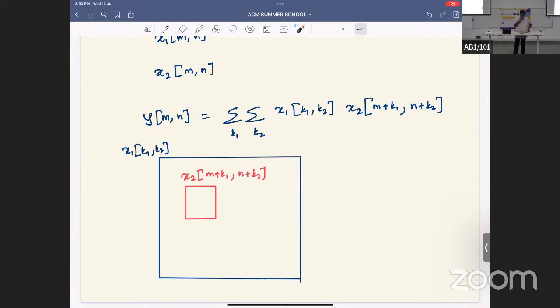In this example, you tell me how many inner products you will do. The number of inner products you do with this filter: the second matrix, we call it a filter, and the first matrix is the data or signal. So how many possible locations can you keep this center and take an inner product with the original thing?